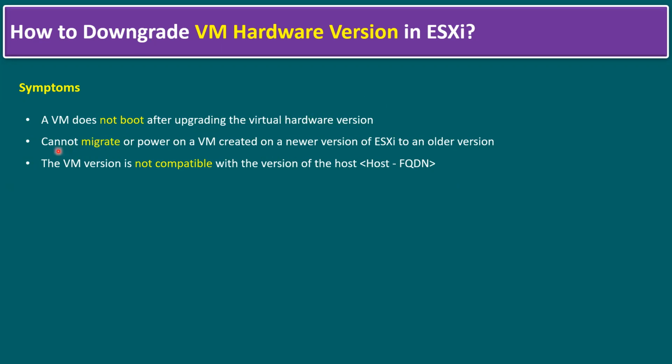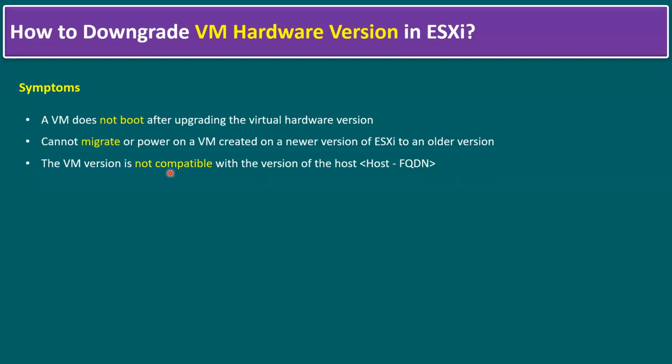Another symptom: you cannot migrate or power on a virtual machine created on a newer version of ESXi on an older version. Like a virtual machine from ESXi 8, if you try to migrate it to ESX 7, or try to power on the ESXi 8 virtual machine on ESX 7, we are unable to power on or migrate.